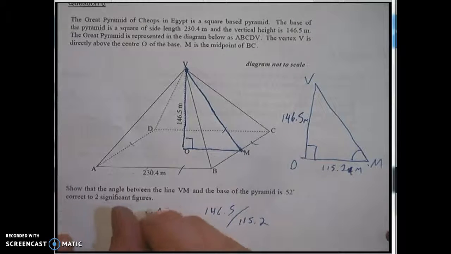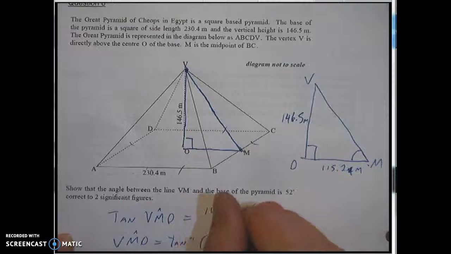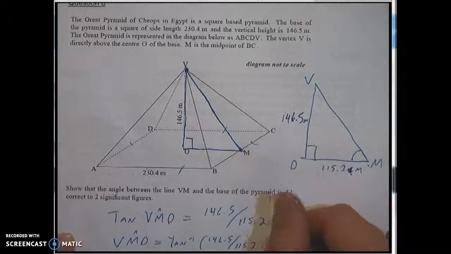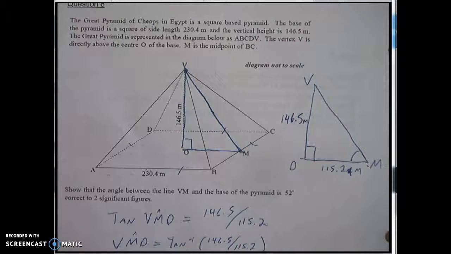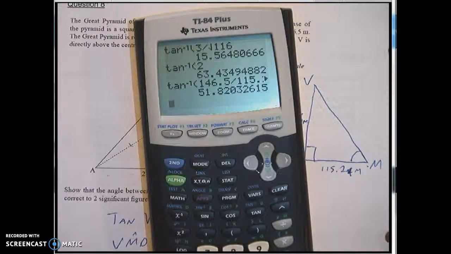So then angle VMO is the tangent inverse of 146.5 divided by 115.2. And when I type that in my calculator, I'm going to actually show you what I get this time. It's this. It's 51.82. Now to 3 significant figures, that's 51.8.